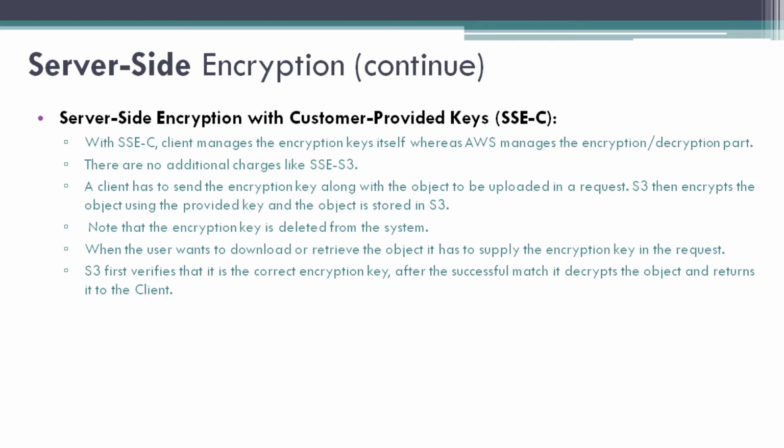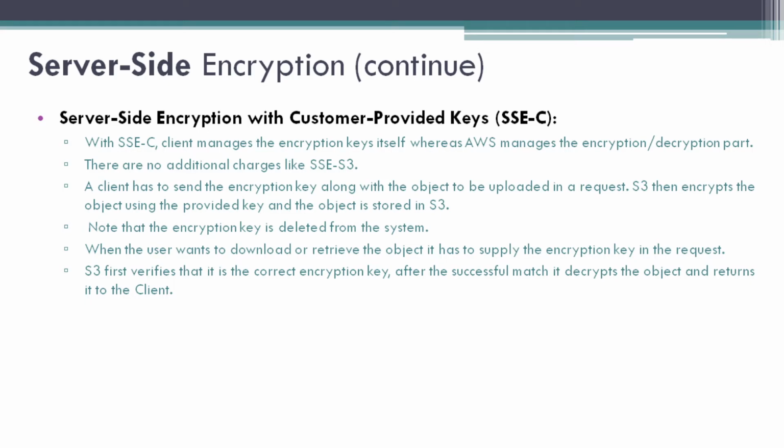In this case, the encryption process is performed at the S3 level only, but you have to pass your encryption key. S3 encrypts your object before storing, and your encrypted data will get stored in Amazon S3.